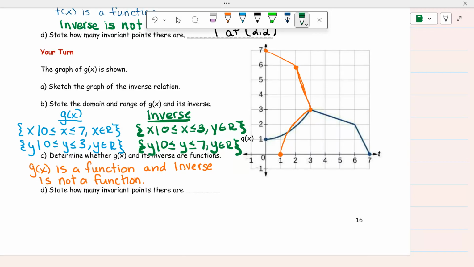So I always just draw a quick little line, and I purposely didn't this time just so you guys see if you came up with it on your own. But yeah, it would hit the original twice, hence it does intersect twice. So one nice one, but one not so nice one. So there are 2 invariant points.